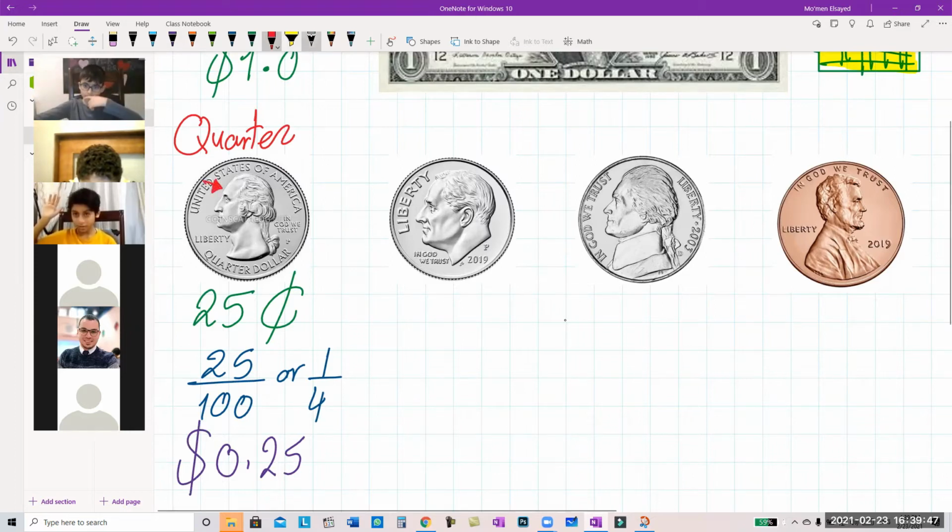What about his hair? He has long hair, right? So if you see this one with long hair, it will be the quarter coin or quarter dollar.